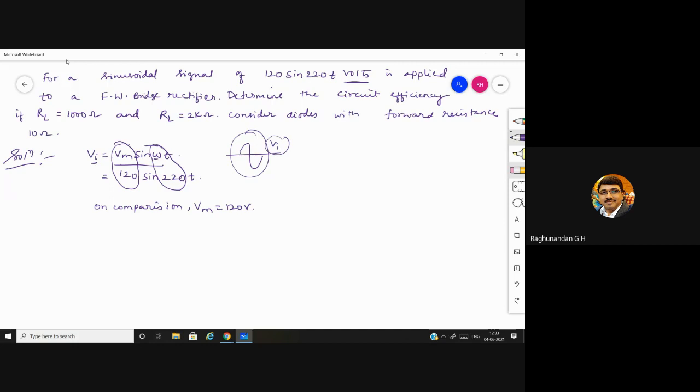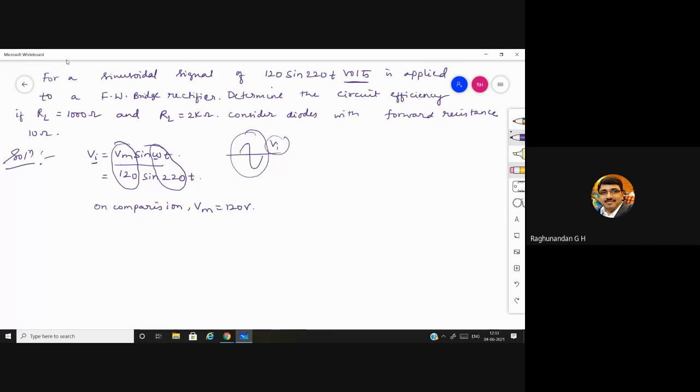And they're asking to determine the circuit efficiency. What do you mean by circuit efficiency? Circuit efficiency or rectifier efficiency, both are the same.